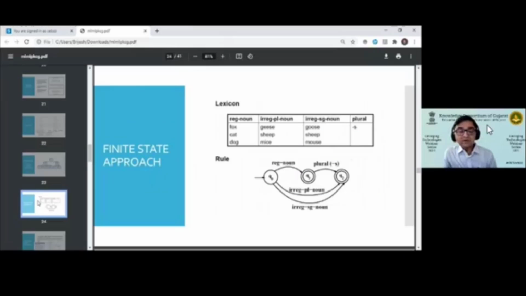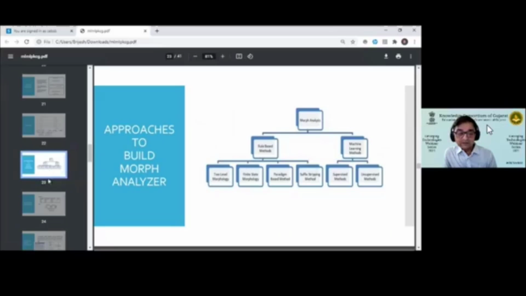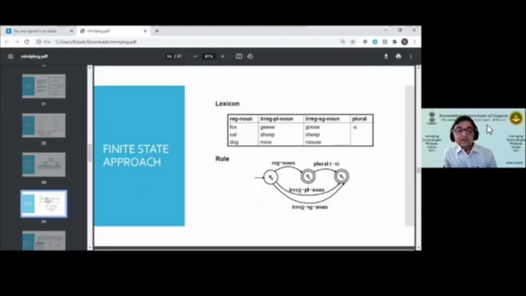So this is an example of a finite state based approach, which falls in the rule-based methods in our hierarchy. For example, if we are processing nouns, and we know that S is the plural marker, but we also know that there are some regular nouns which take plural marker S, and some irregular plural nouns and irregular singular nouns, which do not take S as the plural marker.